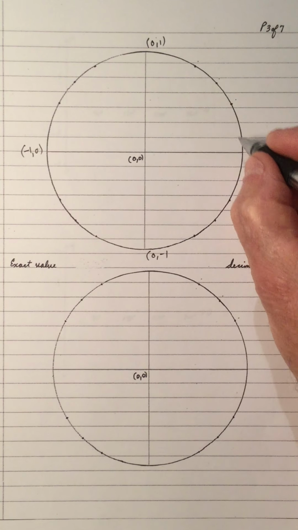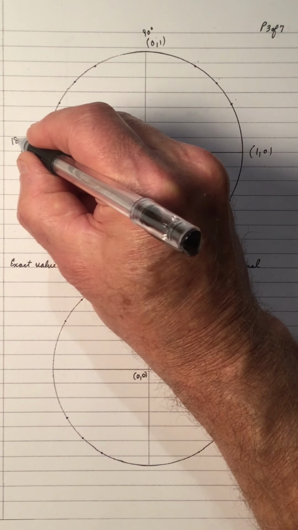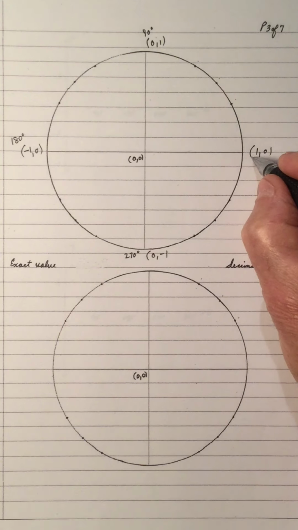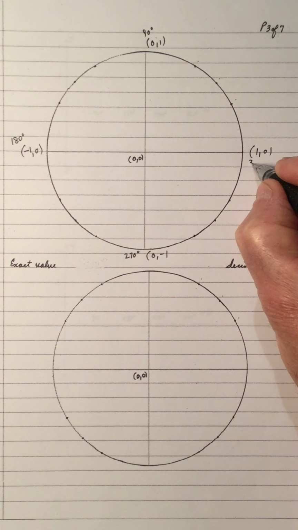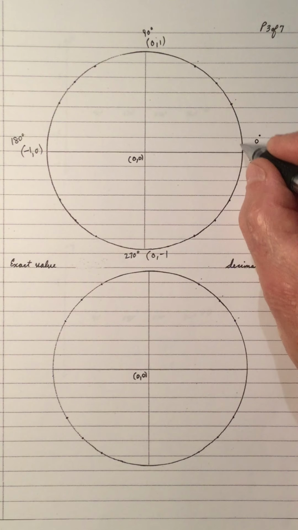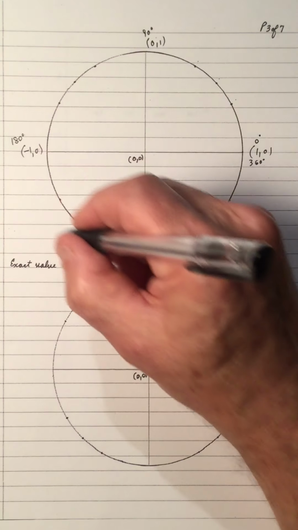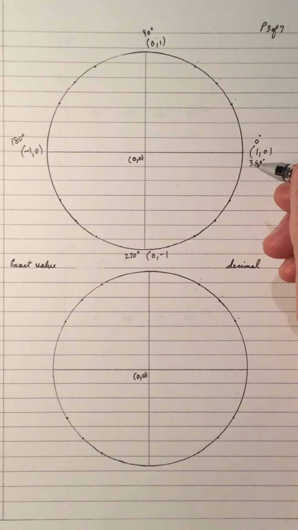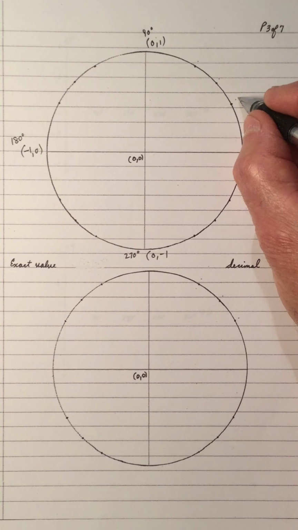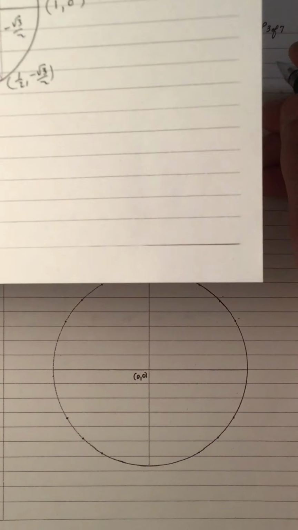And this is 0 degrees, this is 90 degrees, this is 180, this is 270, and this is 0 starting off, or 360 if you make one complete revolution. And notice this is positive going counterclockwise.